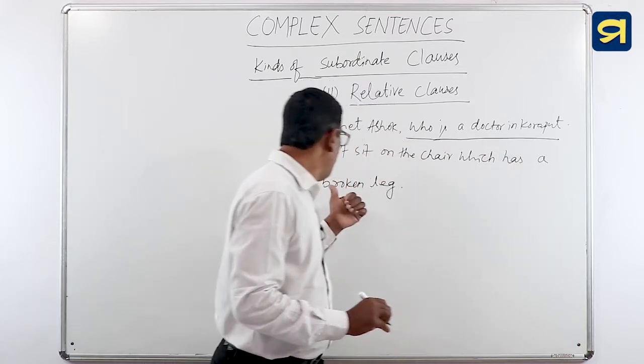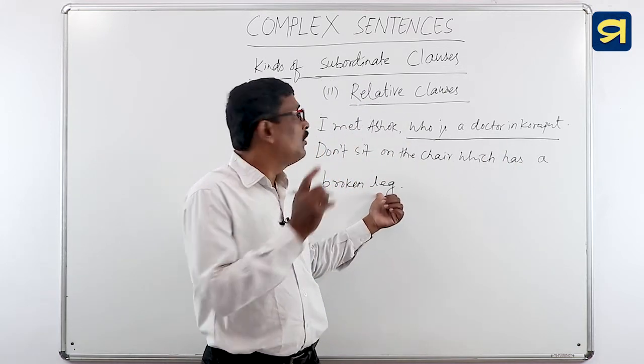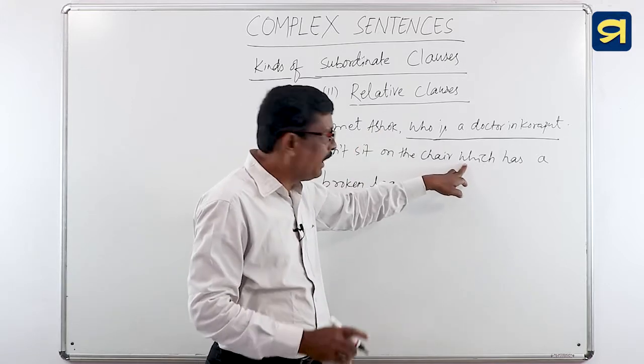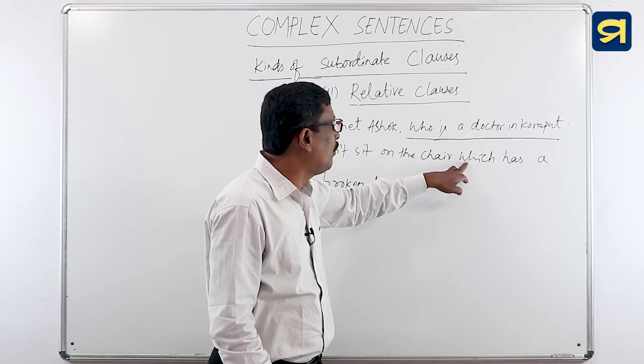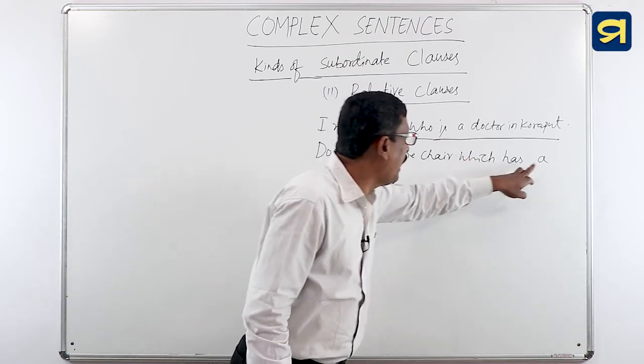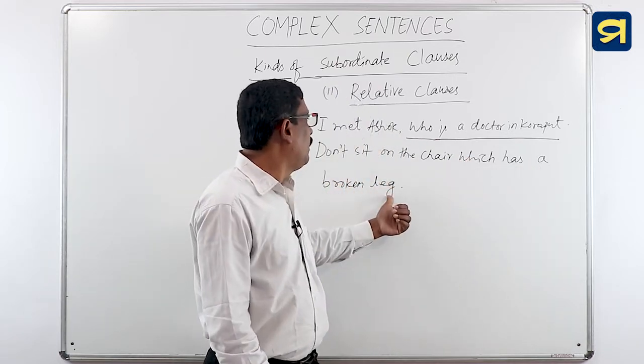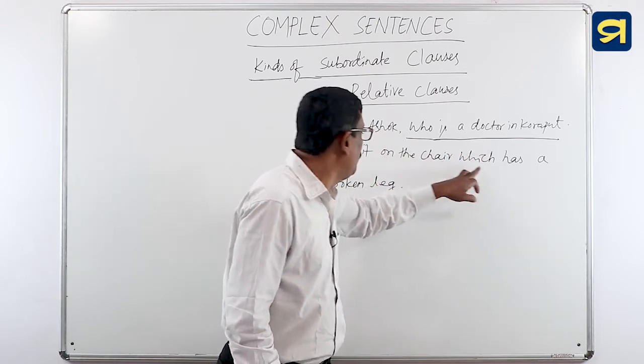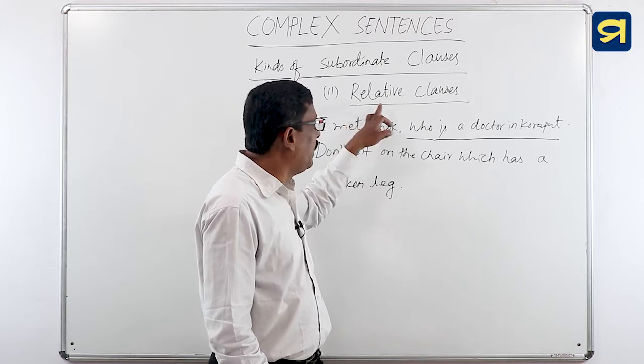Which has a broken leg is the subordinate clause, and it is a relative clause because it begins with the relative pronoun which, and which has a broken leg modifies the noun the chair. That's why which has a broken leg is a relative clause.